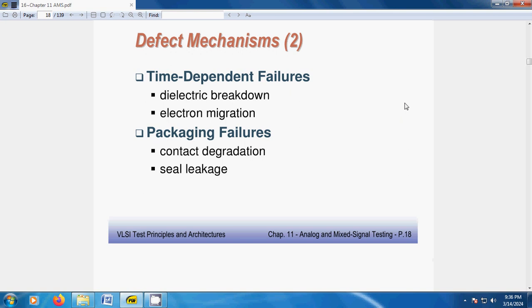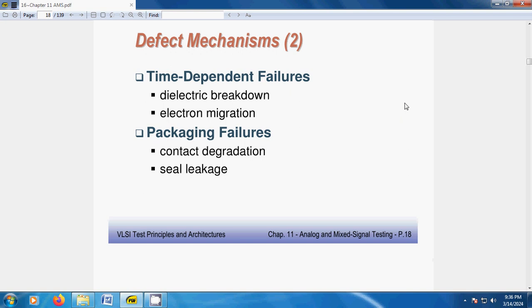So the dielectric layer in this particular module goes through a higher temperature stress. Due to the higher temperature, the dielectric layer may break down over time.